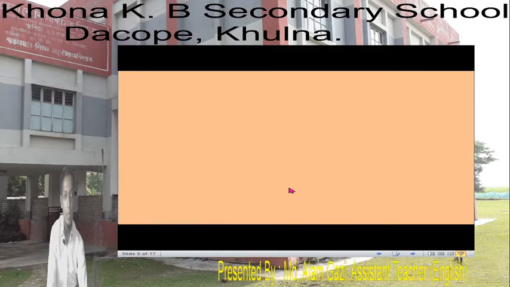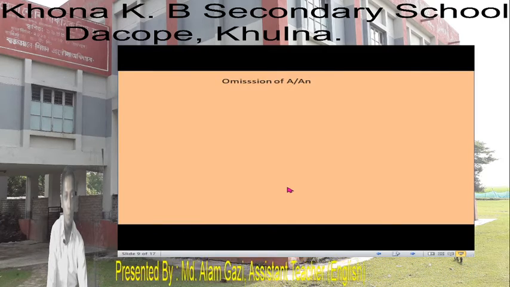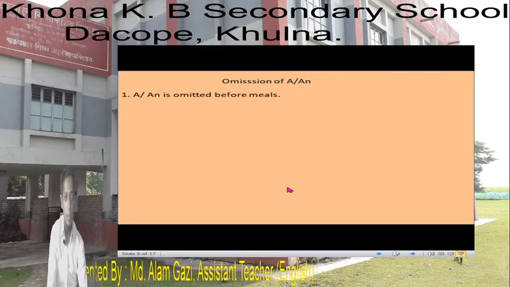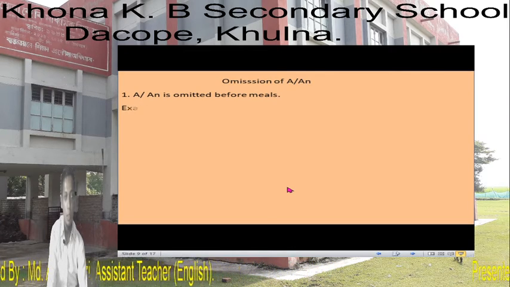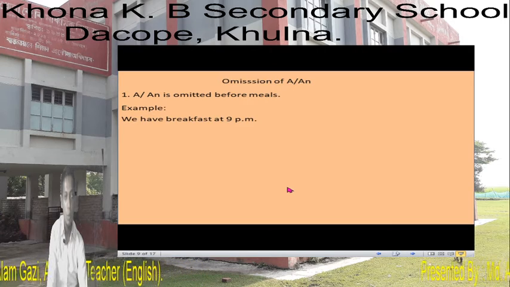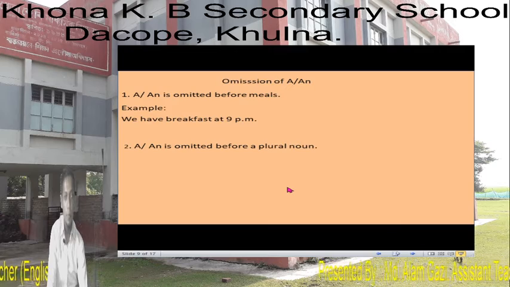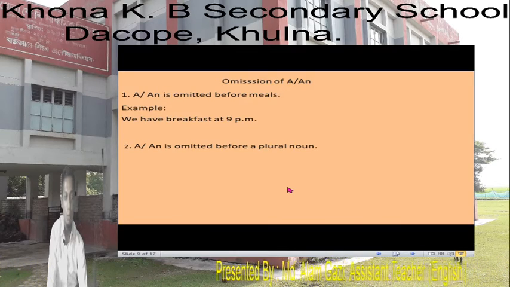Dear learners, now we will see the omission of a or an. A or an is omitted before meals. For example, we have breakfast at 9 a.m. A or an is omitted before a plural noun.